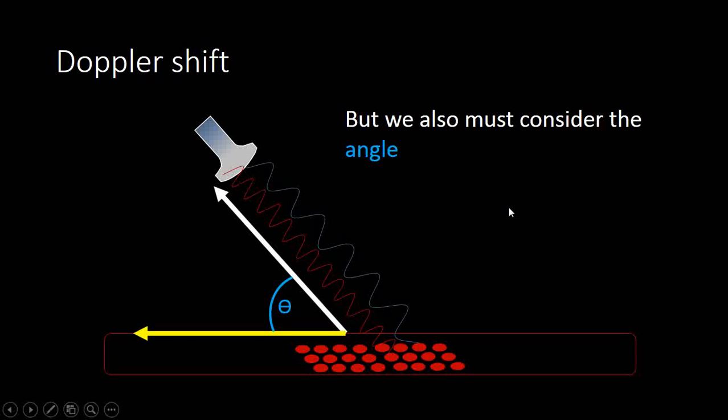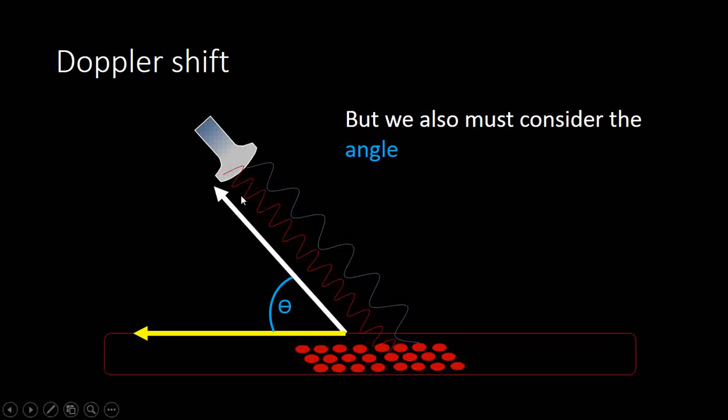To accurately calculate velocity, we also have to take into account the angle of inclination. The shift that is encountered due to the moving object only accounts for a portion of the actual velocity of the object, in this case red blood cells.